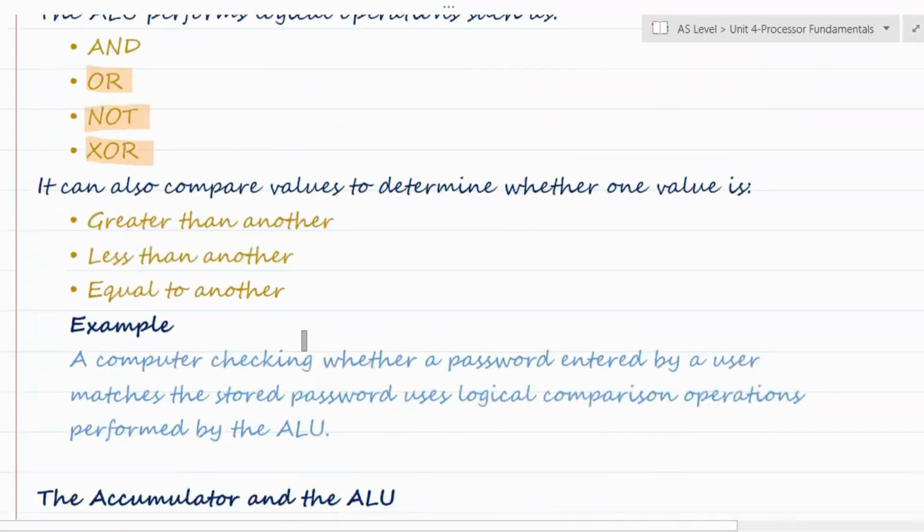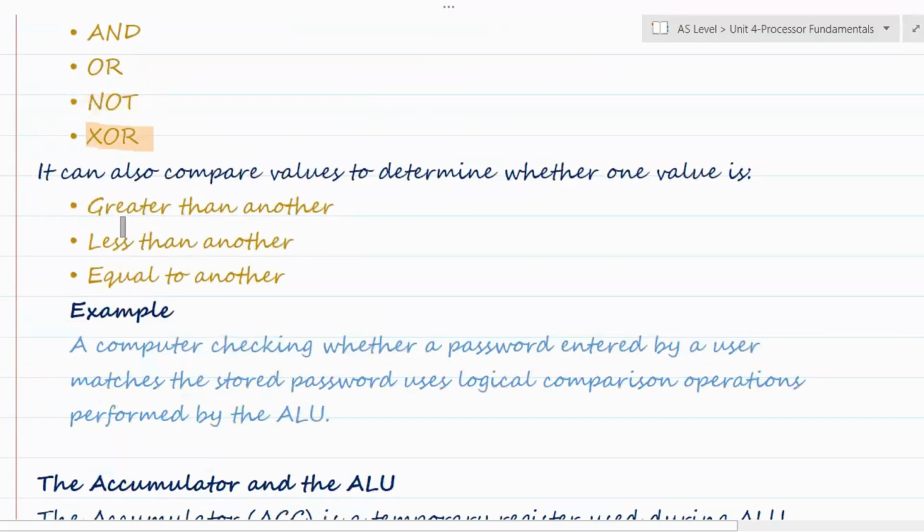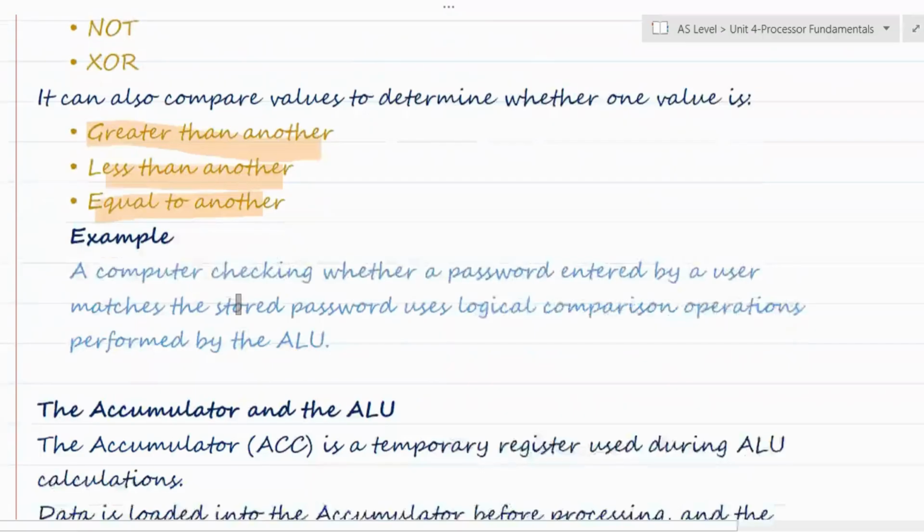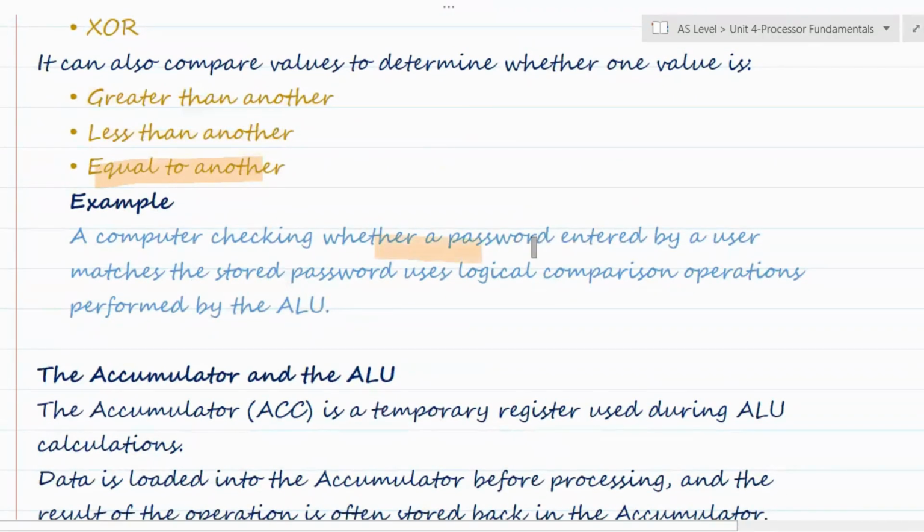It can also compare values to determine whether one value is greater than another, less than another, or equal to another. For example, when a computer checks whether a password entered by the user matches the stored password, it uses logical comparison, which is performed by the arithmetic logical unit.